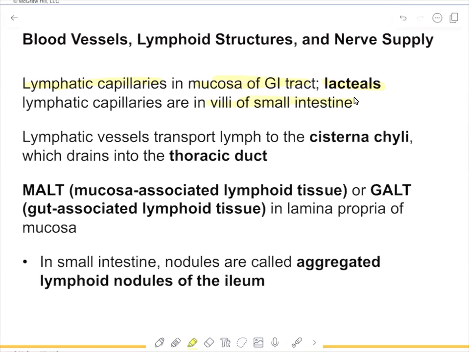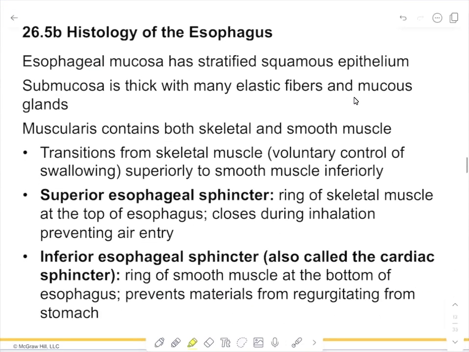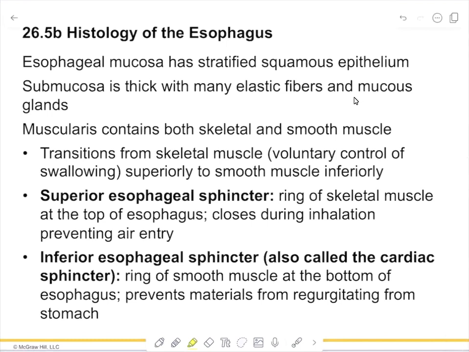The lymphatic vessels transport this lymph to the cisterna chyli, which is basically the entrance point of the thoracic duct. So remember, these are called MALT, which stands for mucosa associated lymphoid tissue. And in the small intestine, there are also aggregated lymphoid nodules of the ileum, also sometimes referred to as Peyer's patches.